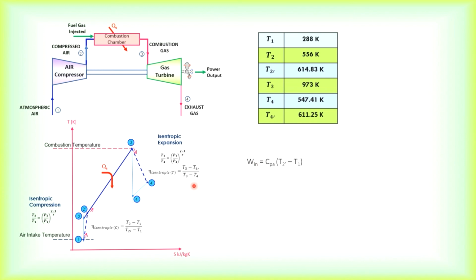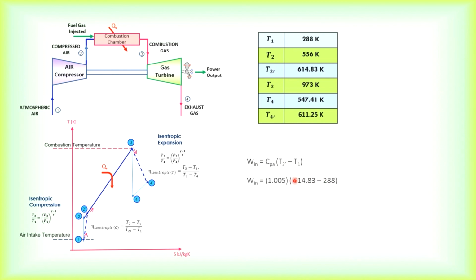Okay. So work in, that is the compressor, CPA, the air side. We are taking 2 prime and 1. So CPA times T2 prime minus T1. You can also use, instead of CPT, the change of enthalpy, because I repeat once more, H is CPT.